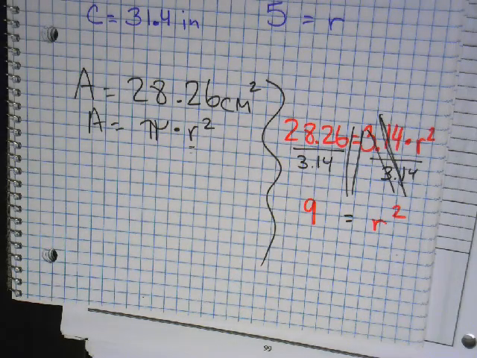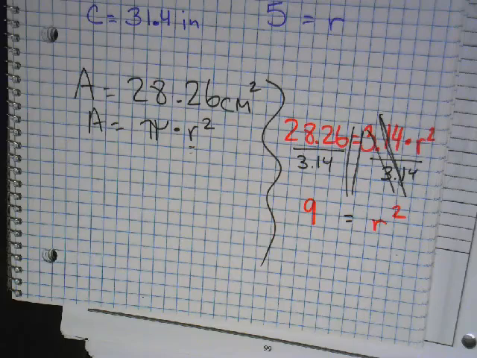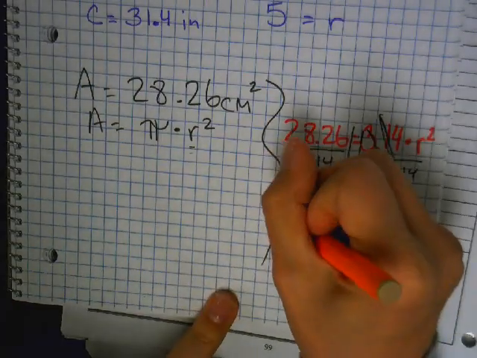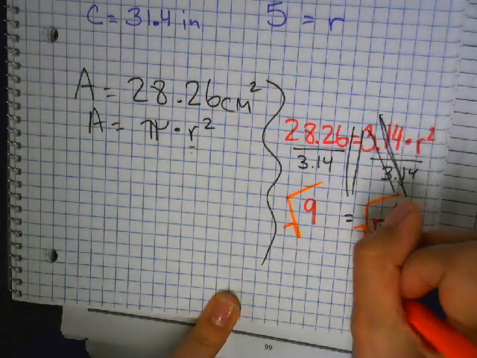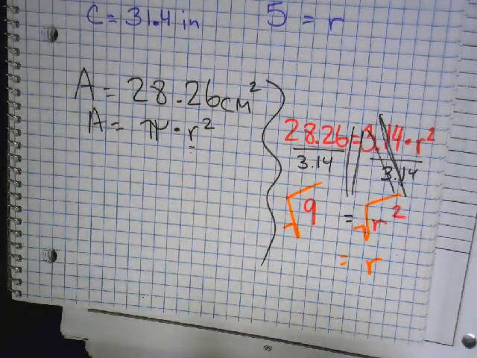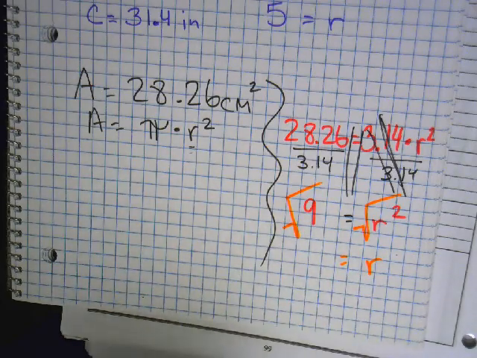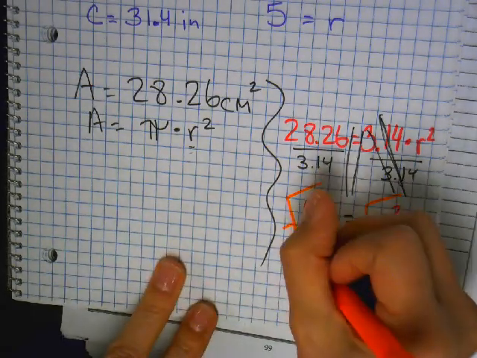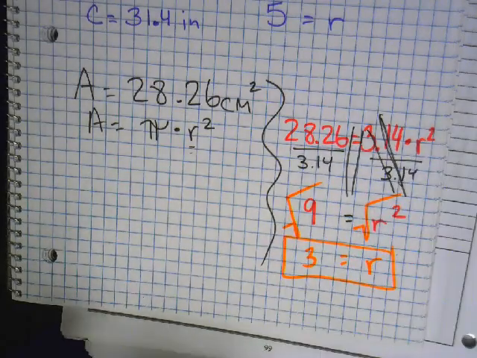But we're not left with r. We're left with r squared. How do I undo an r squared? Square root. So r is equal to, what's the square root of 9? 3. So now you know what r is.